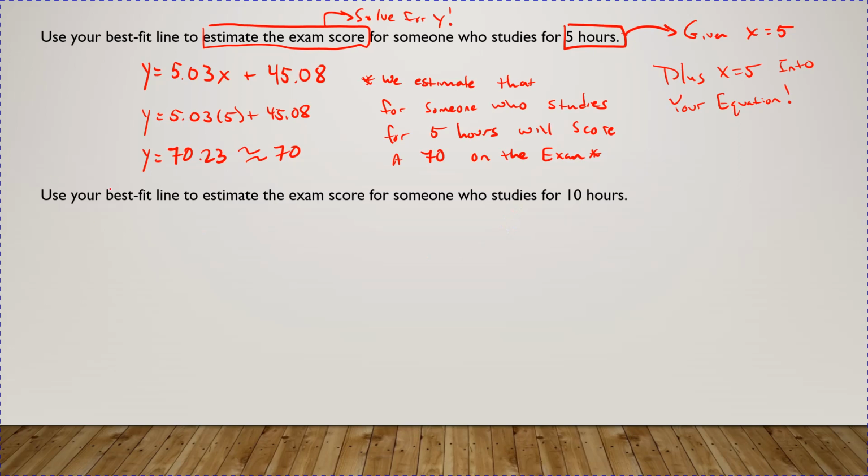Okay, now let's do the same thing. Use your best fit line to estimate the exam score for someone who studies for 10 hours. So again, you're given x is equal to 10 here. Boom, you got it. So all you're going to do is you're going to plug this into the equation. So y is equal to 5.03x plus 45.08.